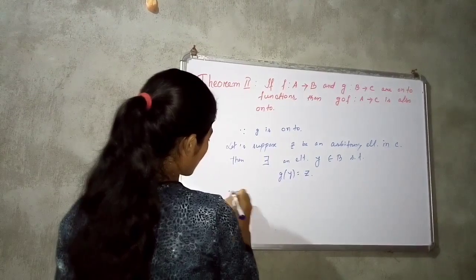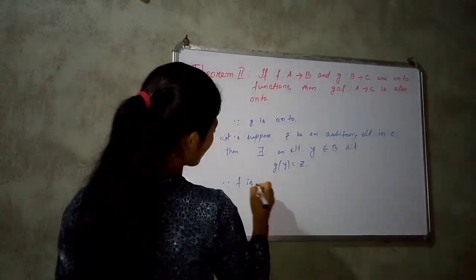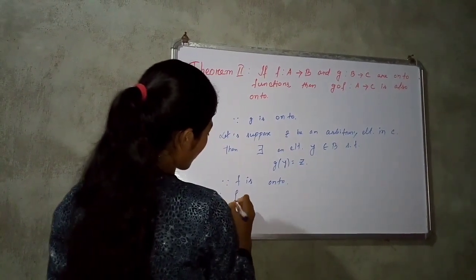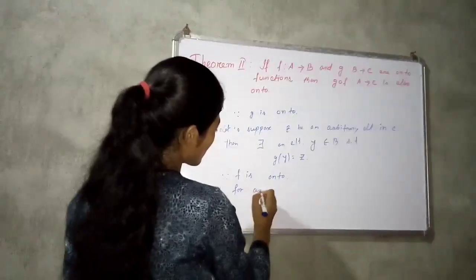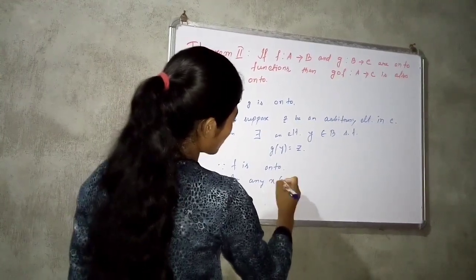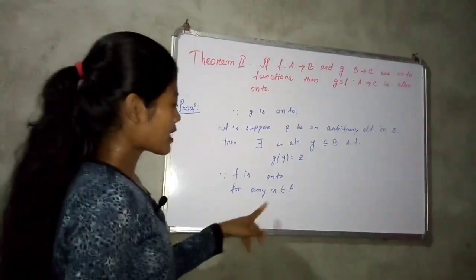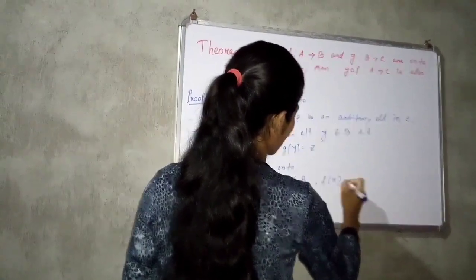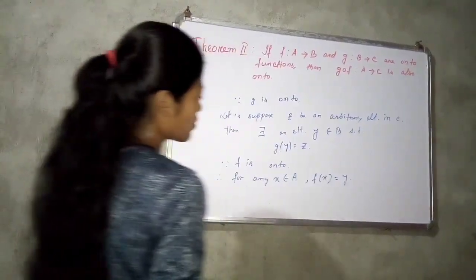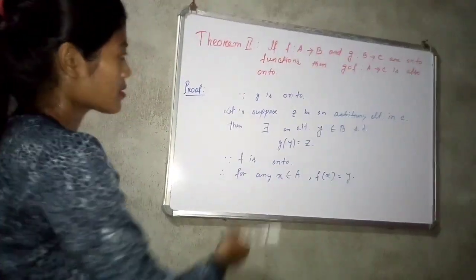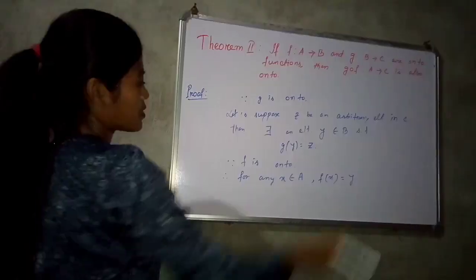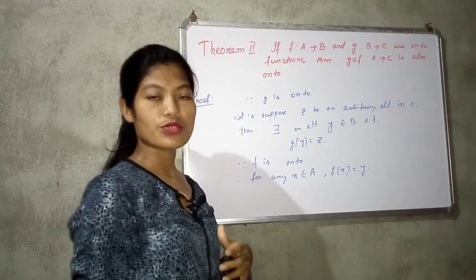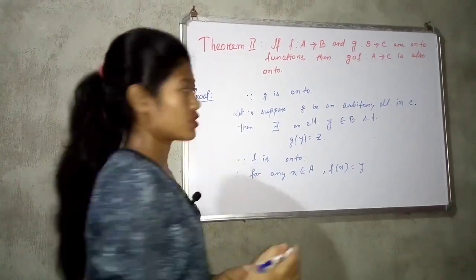Similarly, since f is also an onto function, for any element x belongs to A, we get f of x equal to y, where y belongs to B, since f is a function from A to B. So we have to show that the composite function of f and g is an onto function.